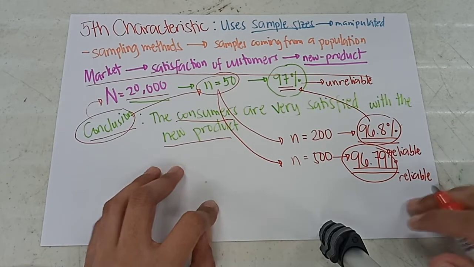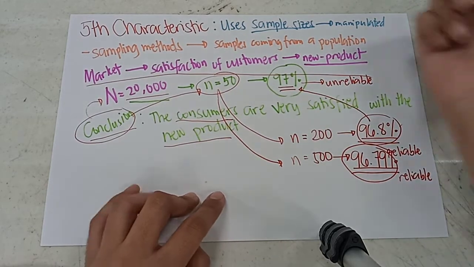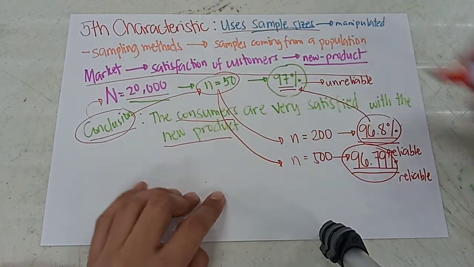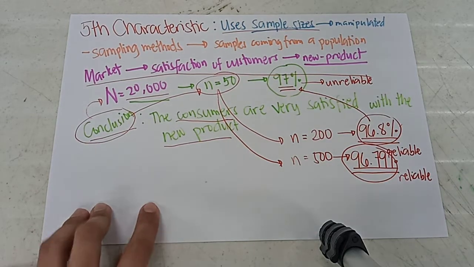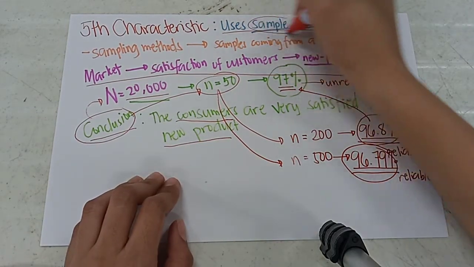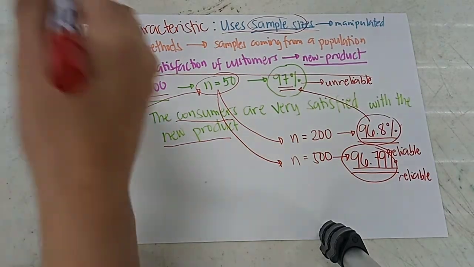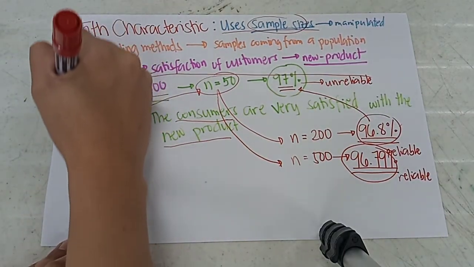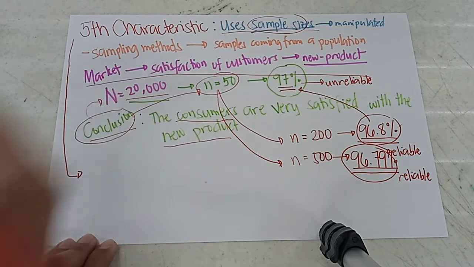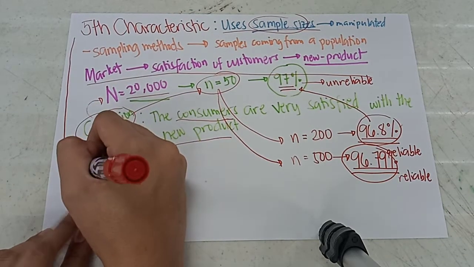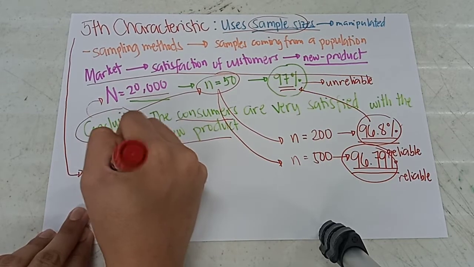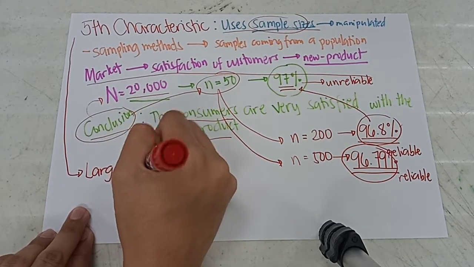So the fifth characteristic of research uses sample sizes. However, it does not only use sample sizes. The fifth characteristic is that quantitative research utilizes large sample sizes.